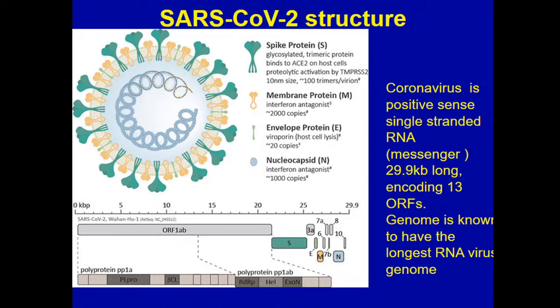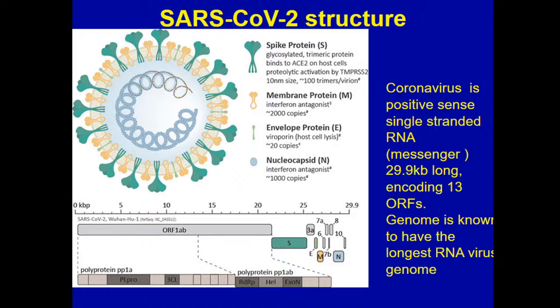And this is trimeric protein, binds usually to angiotensin converting enzyme 2 on the host cell, and it needs the proteolytic activation of one more protein, transmembrane protease serine 2.